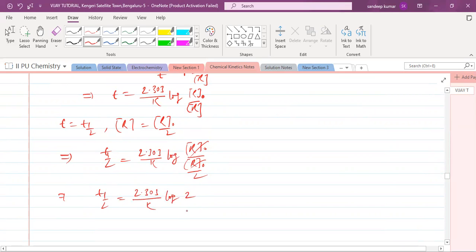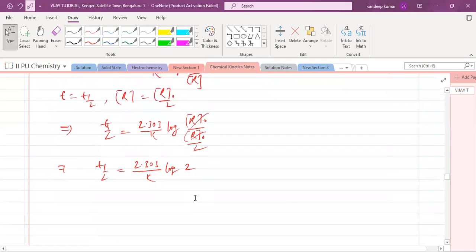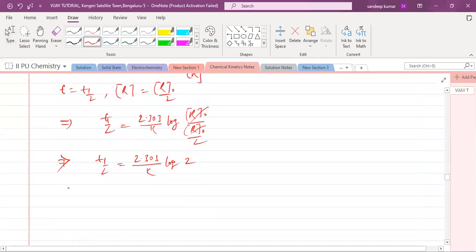Log 2 value generally we take as 0.3. So T half is equal to 2.303 upon K times log 2 value, 0.3. If you multiply here, you get 0.69.